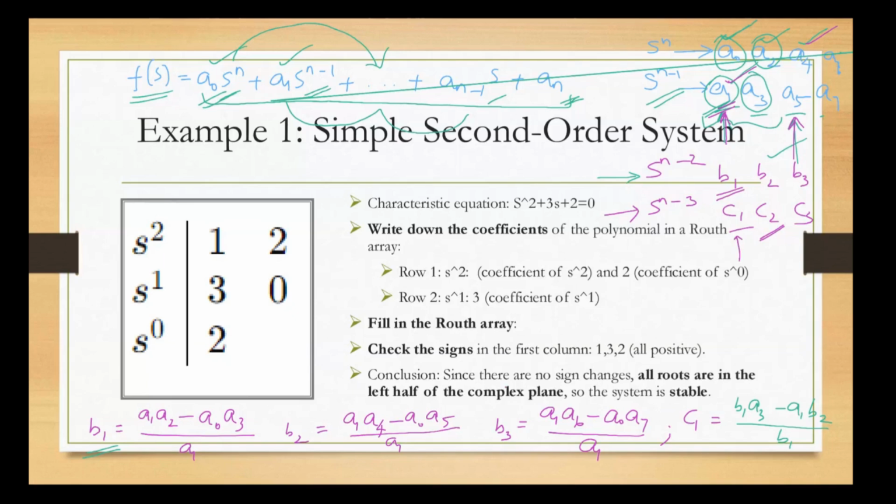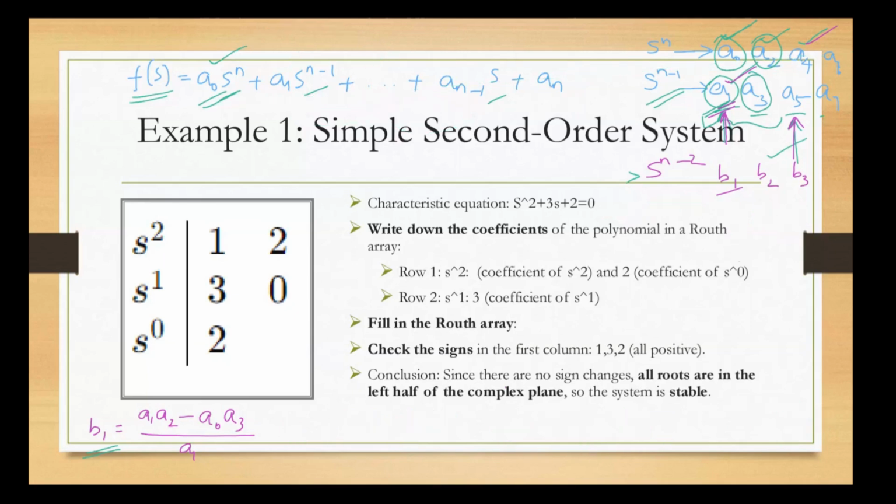Now for this example, we have three coefficients to fill the Routh-Hurwitz table. So here the coefficient of s square is 1, that is written here. The coefficient of s is 3, that is written here, and the constant term is 2, that is written here.